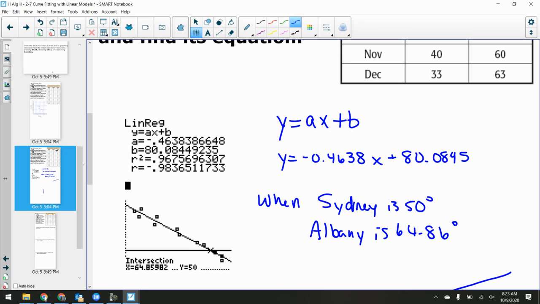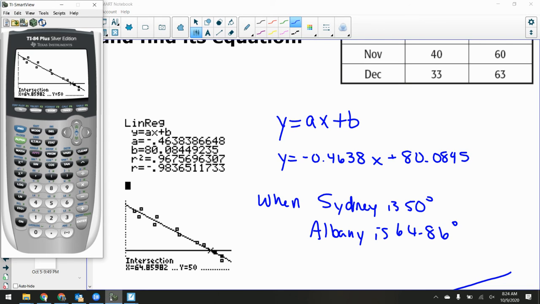Find the average minimum temperature in Sydney when Albany is 45. Okay, did I give you an X value or did I give you a Y value? I gave you an X value. This is the easier of the 2 options. If I give you an X value, life is actually pretty good.